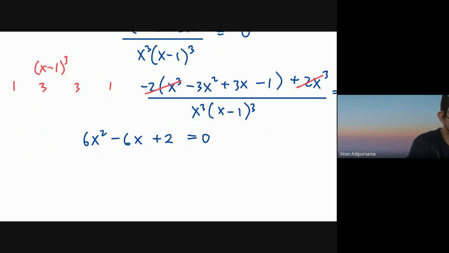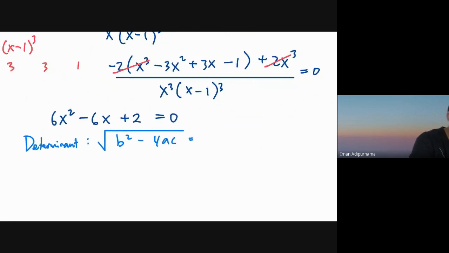Now we can look at this. First, is there any solution from here? If we check the quadratic formula or just the determinant, this will be 6 squared minus 4 times 6 times 2.